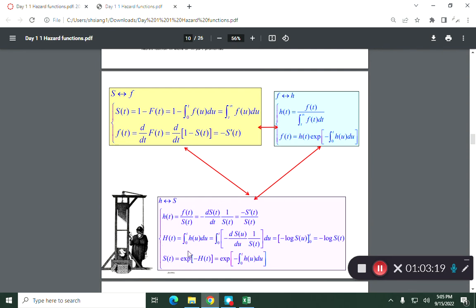Capital H(t) is not that I smoke 5 packs per month or 5 packs per day. It is if I smoke 5 packs a day and I've done that for 20 years. So capital H(t) is the accumulation of the hazard. Okay? h(t) is how dangerous at that time.